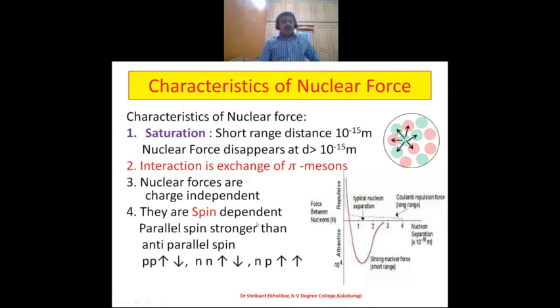So what do we mean by spin dependence? According to Pauli's exclusion principle, which can be applied to protons and neutrons also, if you want to place two protons in one level, then both with spin up is not possible.